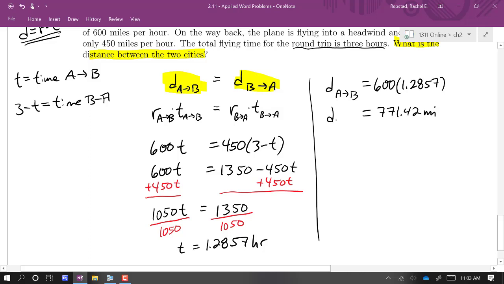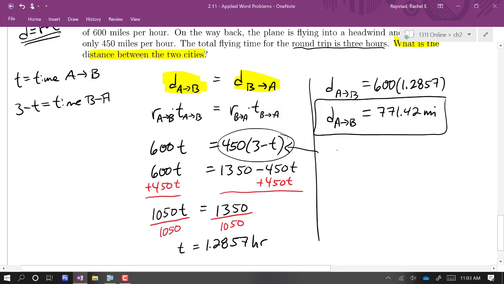And we have a built-in check, right? I mean, this should be the answer that we're looking for, but we do have a built-in check. I can also find the distance from B to A using this expression here, and it should be the same. We did have to do a little bit of rounding, so I might expect to be off a tiny bit, but they should give us very, very close values.